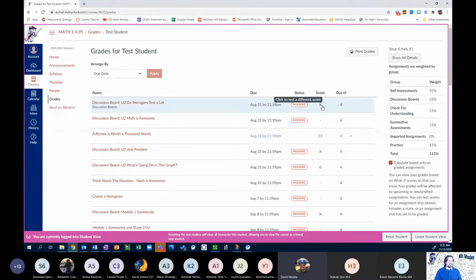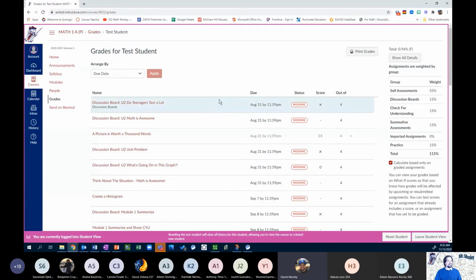You can also, as it says here, click to test a different score. You can check and see what scores will do to your grade. So there's that. And that's the most that you'll need to do for navigation and finding things that you may want to make up, things that you're missing, and how to check your grade.